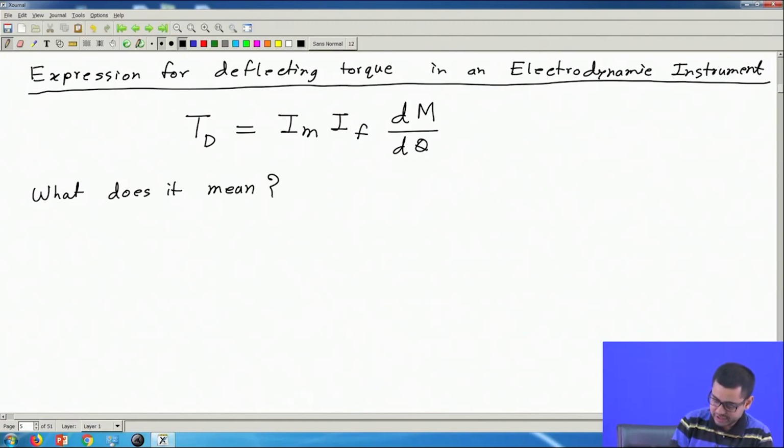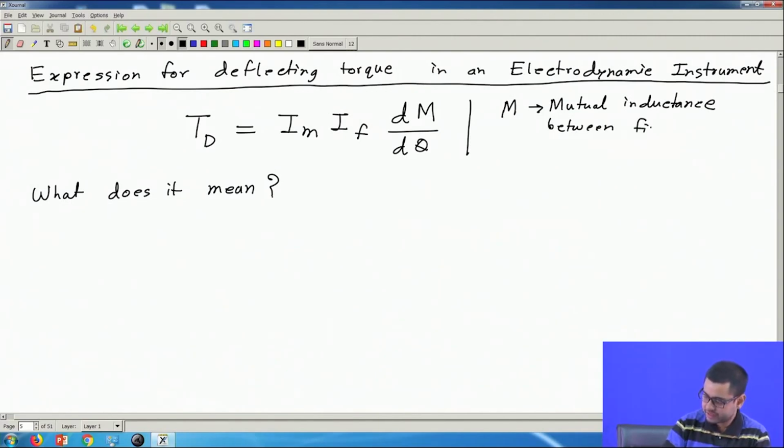So, here M stands for the mutual inductance between fixed and moving coil, and theta is the angular position of the coil.